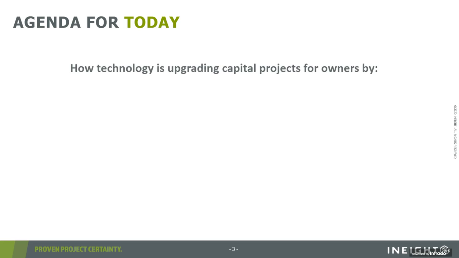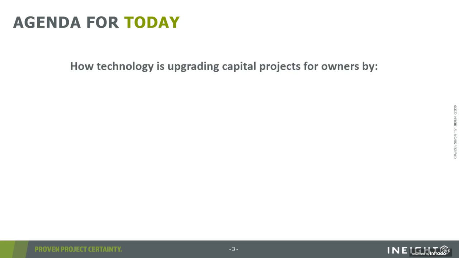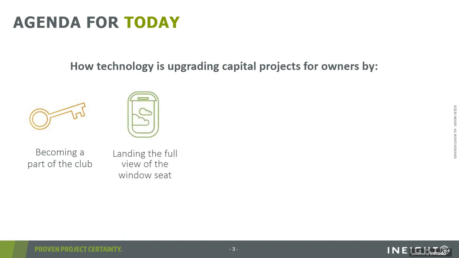So what we're going to look at today is a dive through this analogy of seeing things from 10,000 feet, and how, as owners, implementing a cloud-based capital project solution, and maybe not relying on whatever the contractor is using, can help us become part of the club and a true member of the project team, and not be held at arm's length.